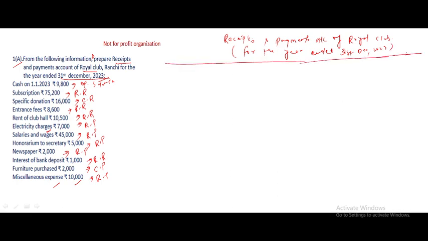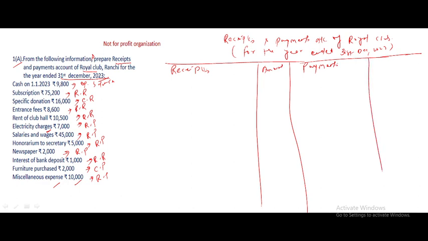In receipts and payment account, there are 4 columns. On the debit side, receipts, amount, and on the credit side, payments, amount. The left hand side shows debit and the right hand side shows credit. Okay. Receipts and payment account starts with opening balance.